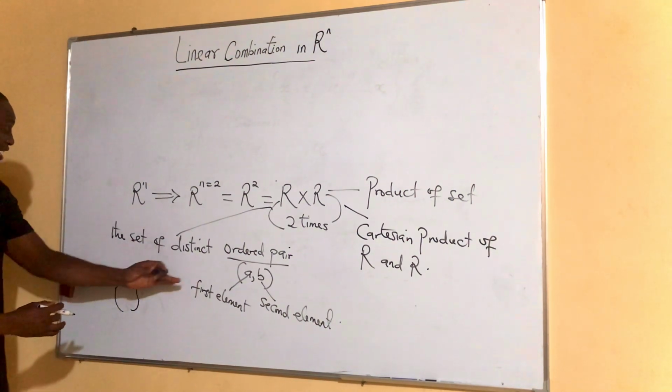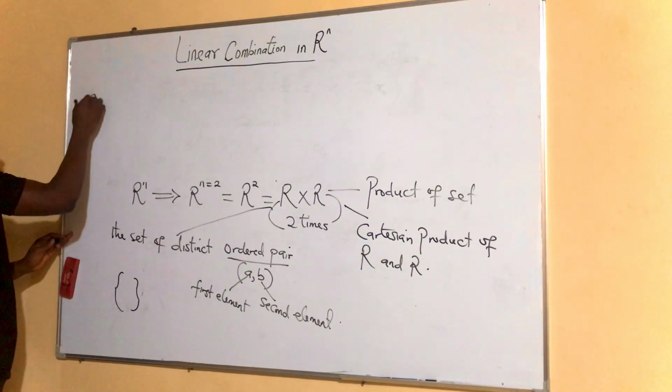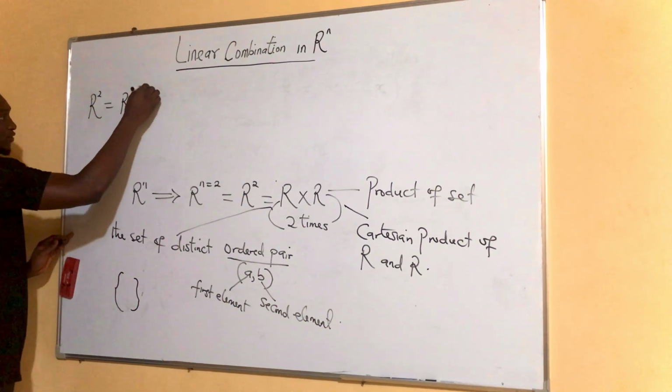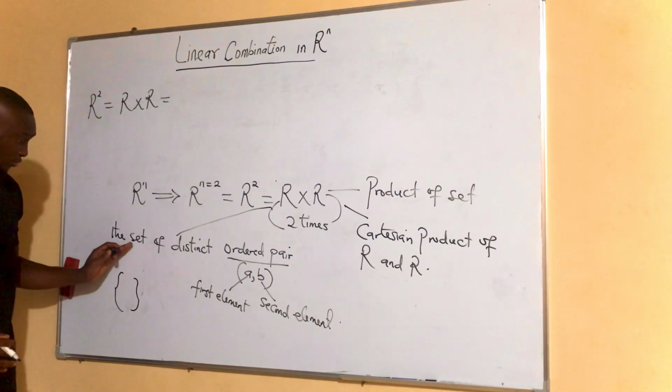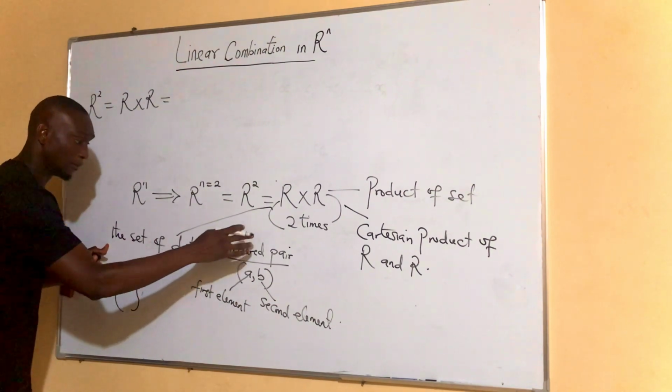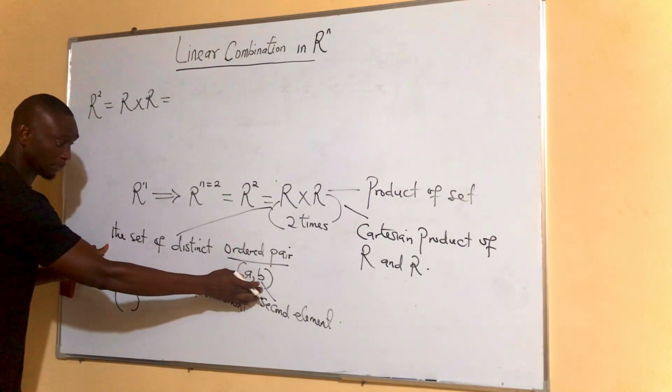Hence, how do we define this now? R squared, which is R multiplying itself, we are told is the set of distinct ordered pairs.